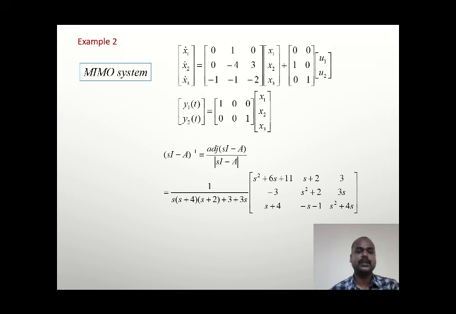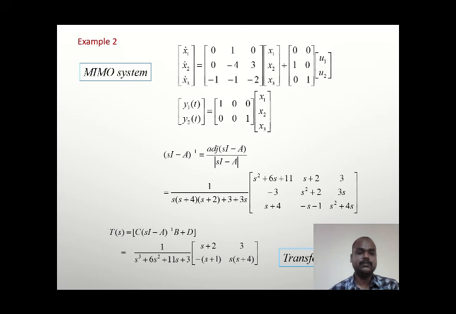We just need to find (sI minus A) inverse, and then we can find T(s) equals C times (sI minus A) inverse B plus D. Now we can see that the transfer function is a matrix, not a polynomial form like we obtained for the single input, single output system.